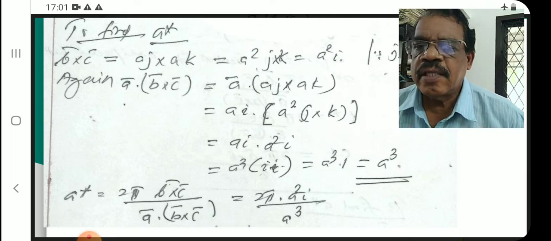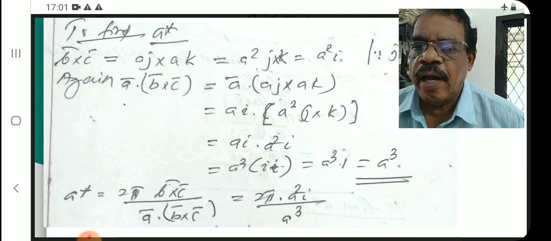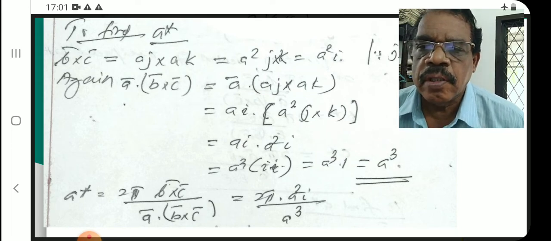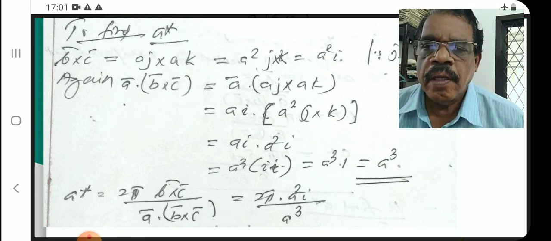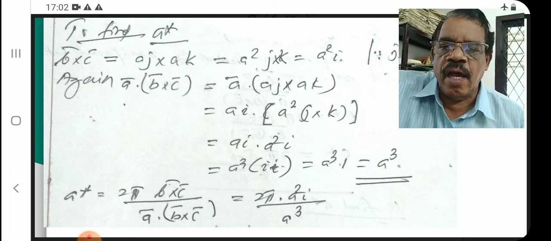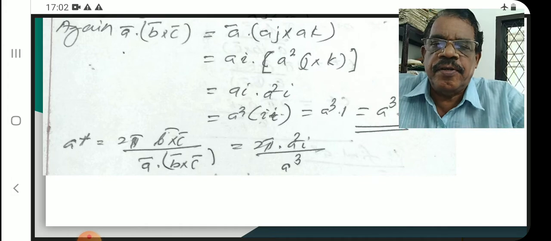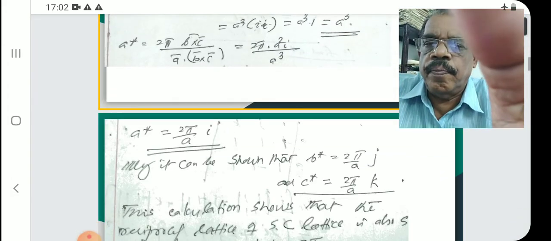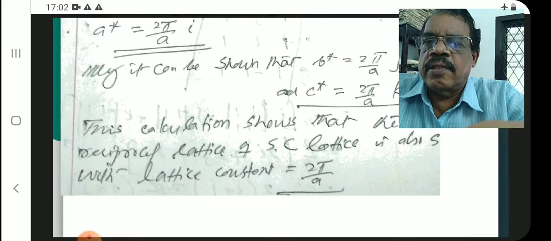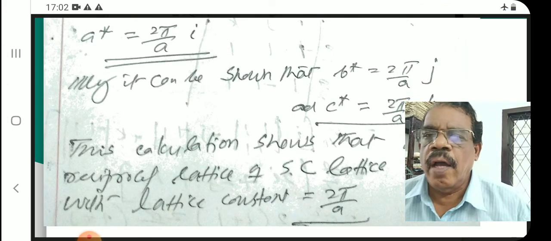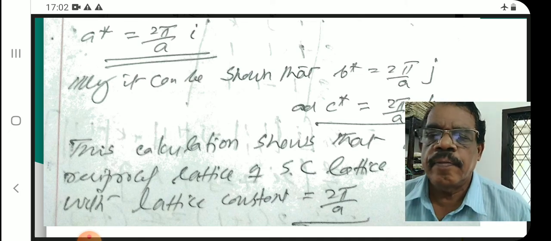Therefore, we find a star by applying the formula. a star is 2 pi into b cross c by a dot b cross c. That is 2 pi into a square i by a cubed. a square will cancel from numerator and denominator. So a star is equal to 2 pi by a into i.